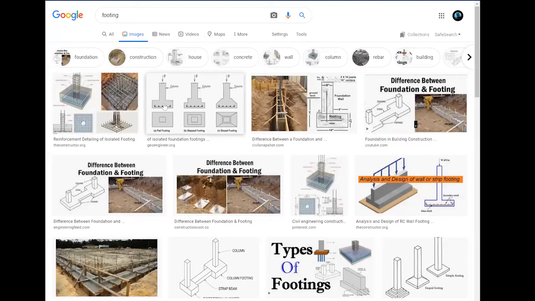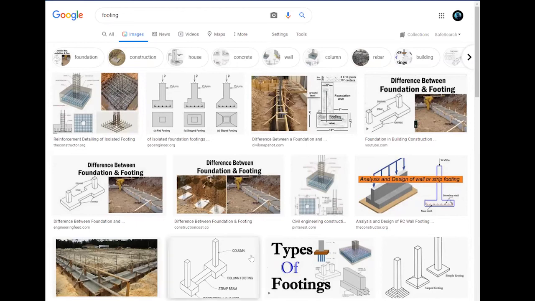Yung pinakaunang base, yun yung column nung mga building. Nilalagay dyan para mag-stable yung building mo. Yan yung footing. Dapat maghukay ka, depende kung anong size nung lalim nung footing mo. Once na nailagay mo na yung footing, maglalagay ka ng bakal.